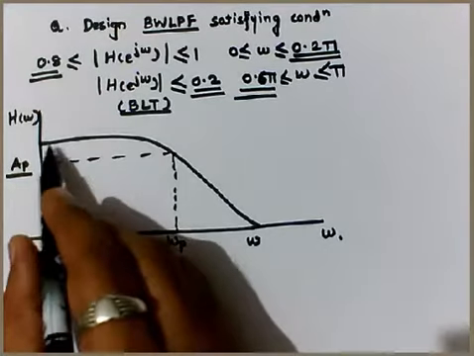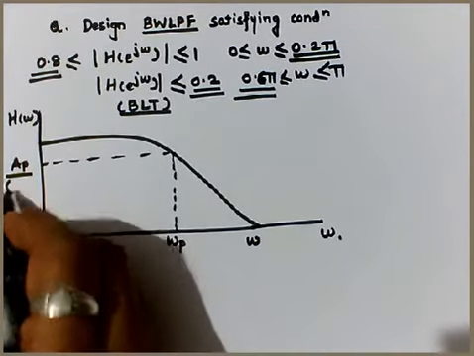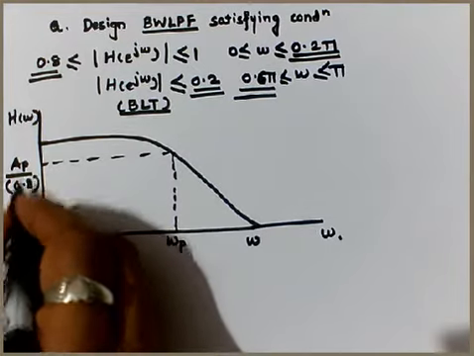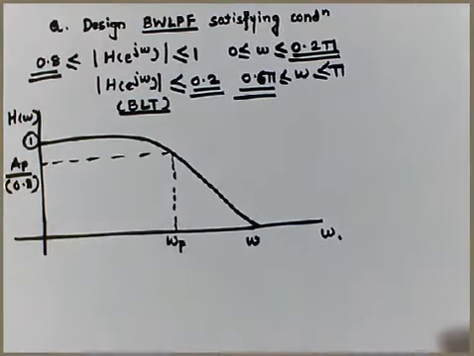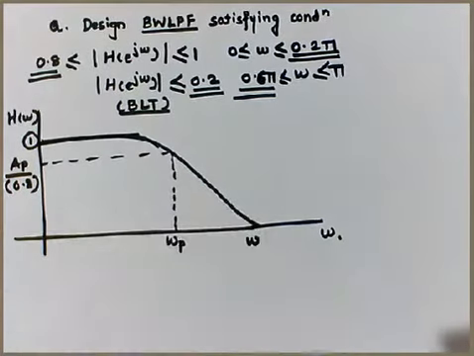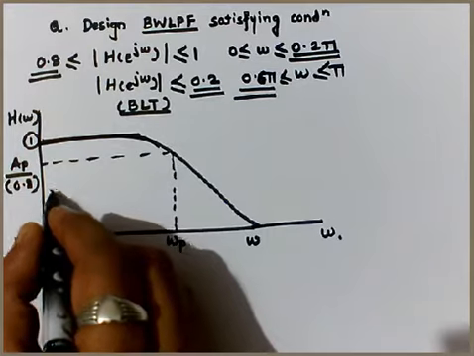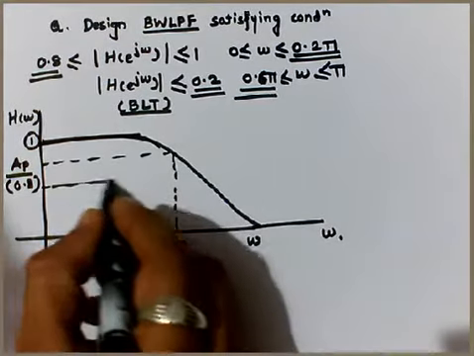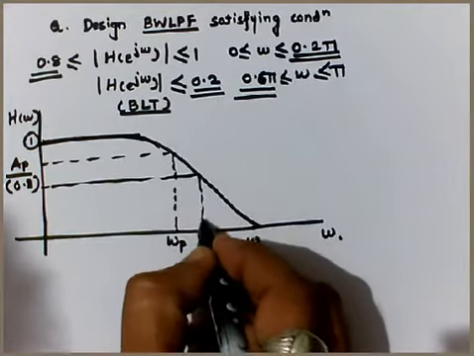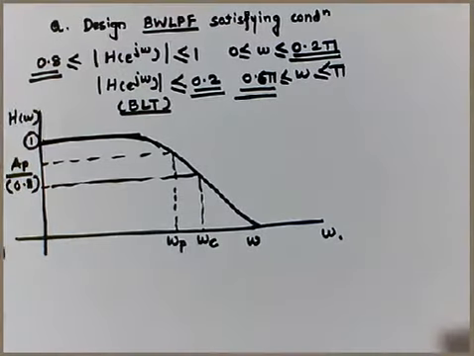Now, the value for AP in our case is 0.8, and this value is 1, which is typically when the flat surface is obtained, it is obviously 1. The value related to omega C is at the 1 by root 2 point, that is the cutoff frequency.